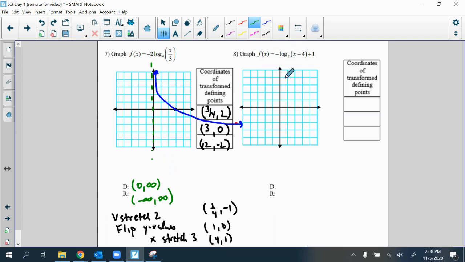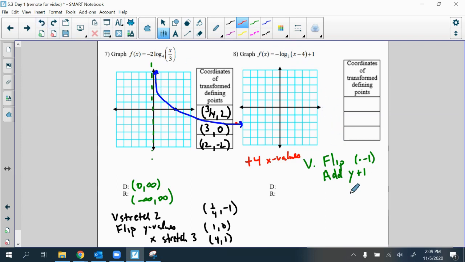Okay, now if I look at this, I get a vertical flip. So I would multiply by -1 for the y values, and then I would add 1 to the y values. Whereas with the x values, I'm going to move it to the right 4, so add 4 to the x values, because this is a horizontal transformation of 4.